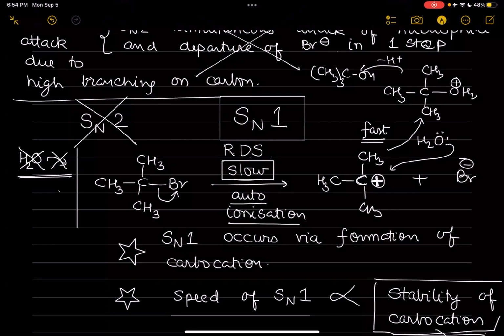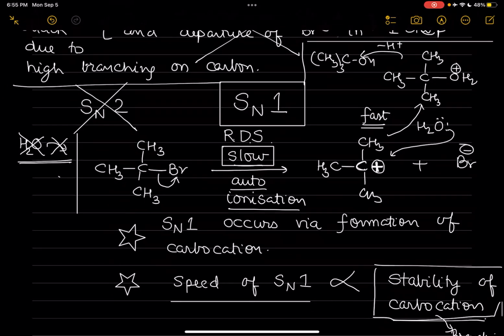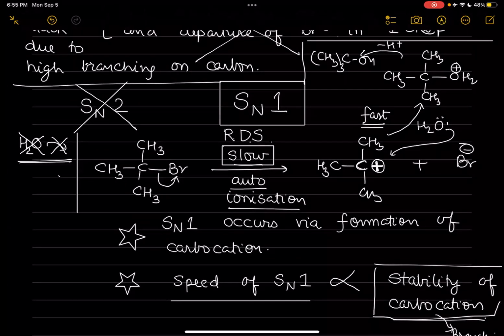That's what we thought, but the reaction has happened. But how has it happened? First of all, direct attack was not possible. The leaving group slowly broke away, leaving behind a carbocation. And if the carbocation is very stable, the leaving group will come out very easily. So the heart of the SN1 reaction is that you need to compare the stability of the carbocation in order to compare the rate of the SN1 reaction.